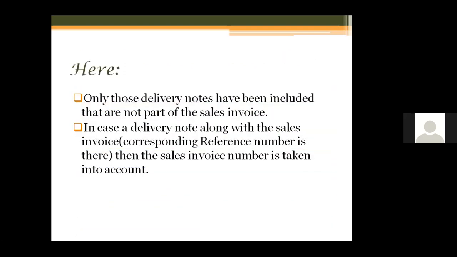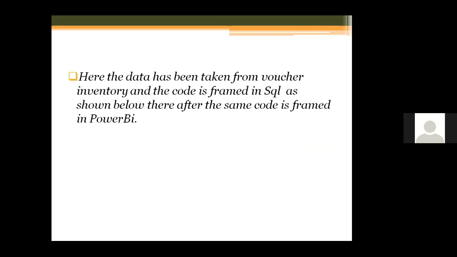Here, only those delivery notes have been included that are not part of the sales invoice. In case a delivery note along with the sales invoice has a corresponding reference number, then the sales invoice number is taken into account. The data has been taken from the voucher inventory code, and the same code is framed in SQL and DAX listed below.